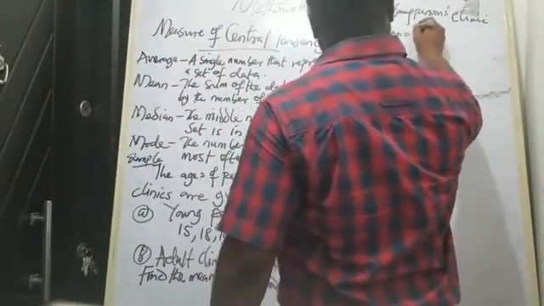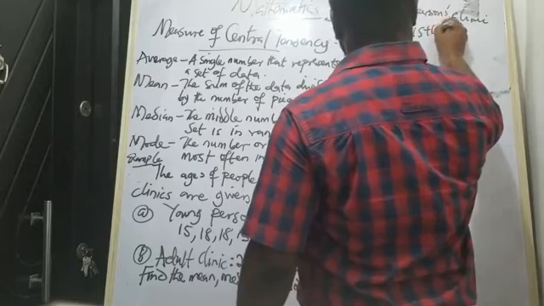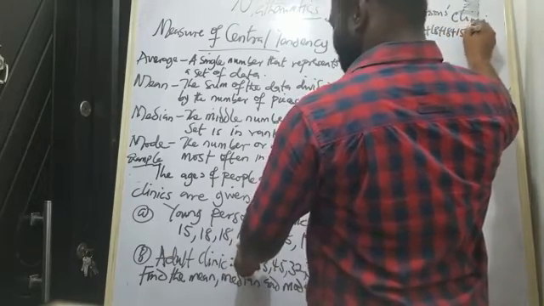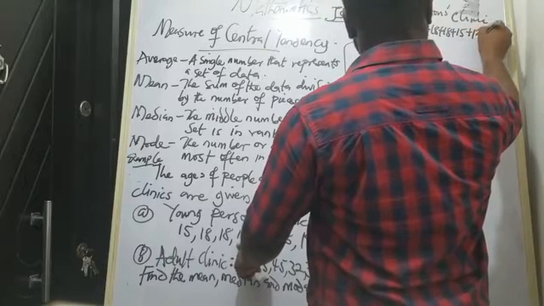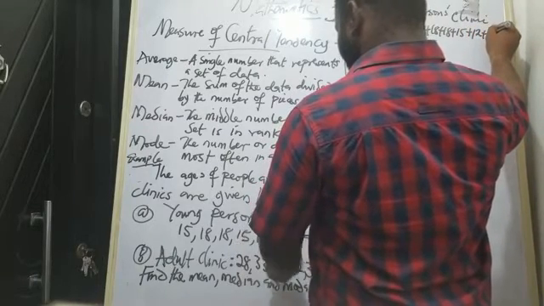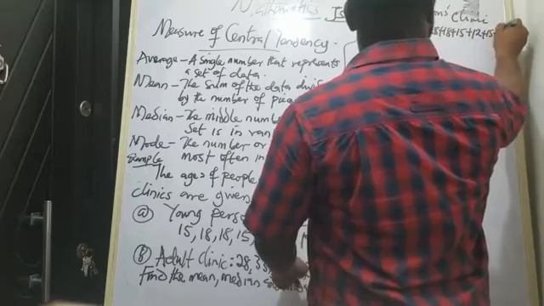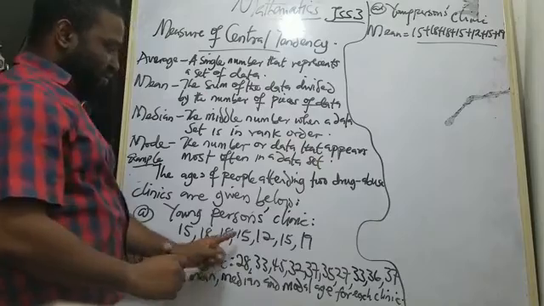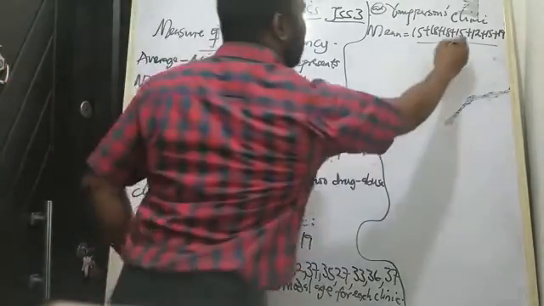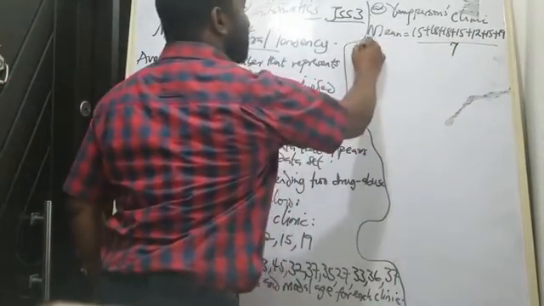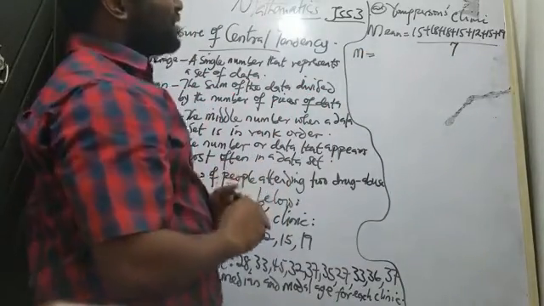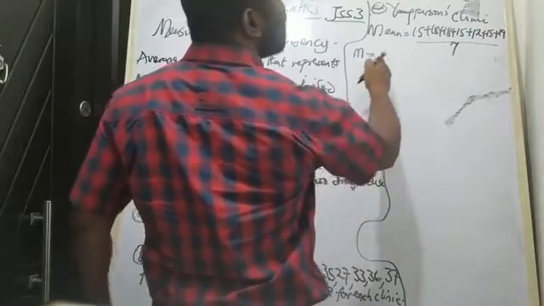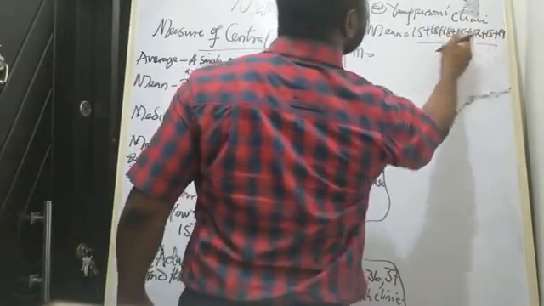We have 15 plus 18 plus 18 plus 15 plus 12 plus 15 plus 19 over 7, counting 1, 2, 3, 4, 5, 6, 7. So your mean will give you what? Now let's add them together. 15, 15, 15, you have 45.